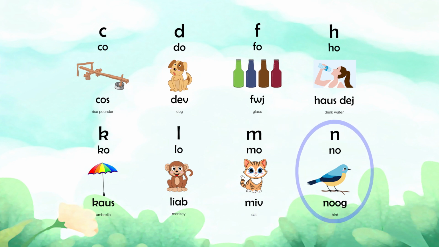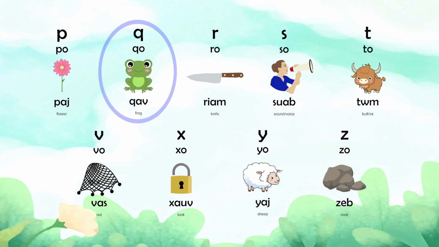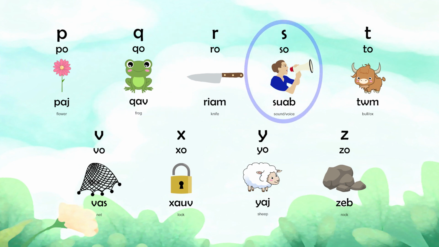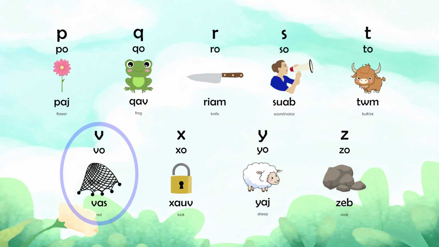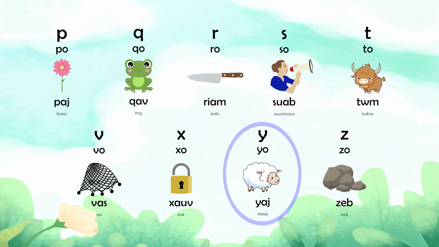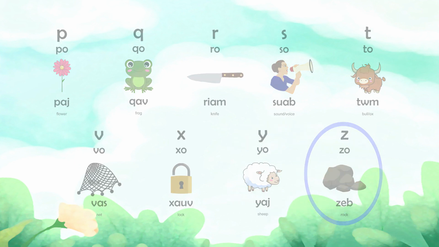No, nong. Bo, ba. Go, ga. Do, dia. Sho, shua. To, từ. Vo, va. So, sao. Yo, ya. Jo, jay.